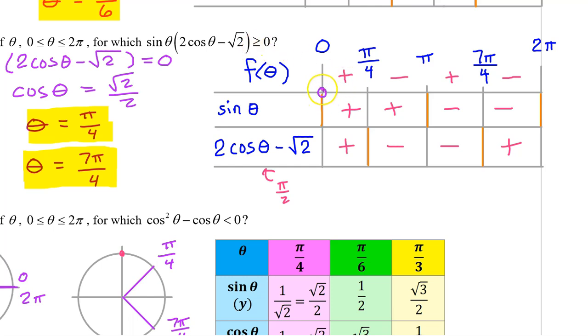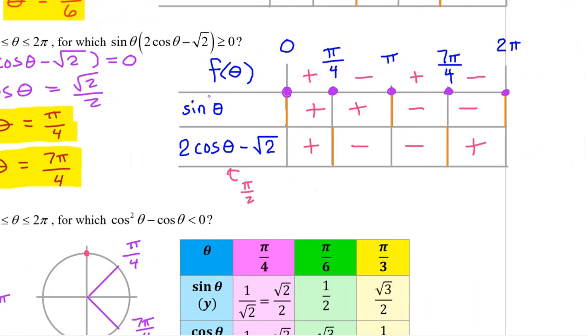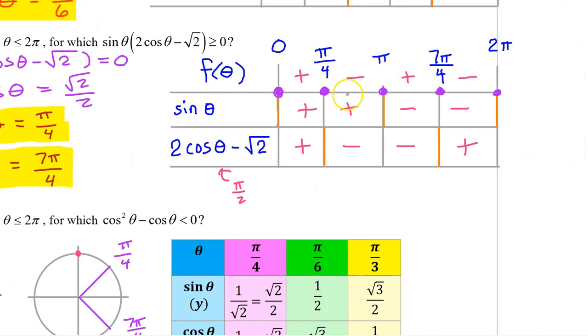So I'm going to show that we are including these 5 values in the solution set because all 5 of these are values where f of theta is equal to 0. Remember how we put these little orange marks here? Each of these was one of the solutions that made f of theta equal 0. So they're all included, so closed circles.